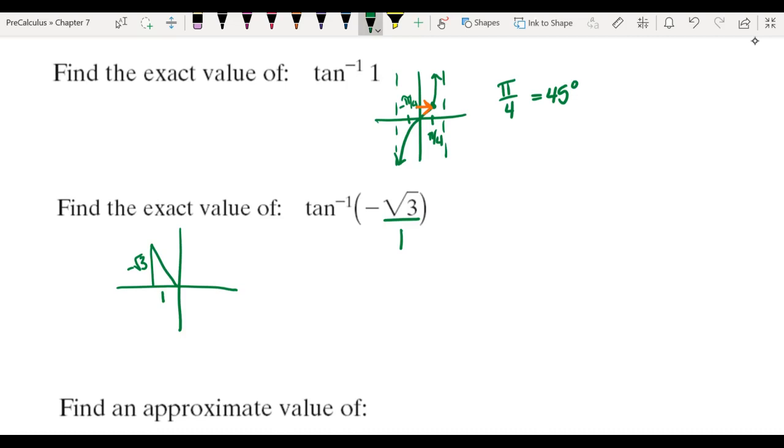So how many degrees is this? 60. Across from 1 is the 30. So this is 60. 180 minus 60 means this angle is at... Well, this would actually be negative. This would be positive. But then together it makes the negative.